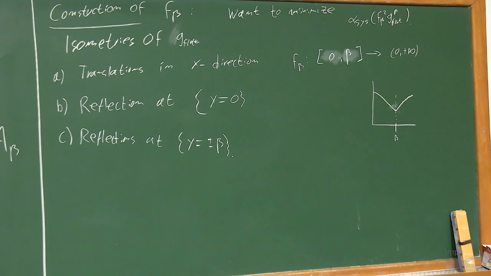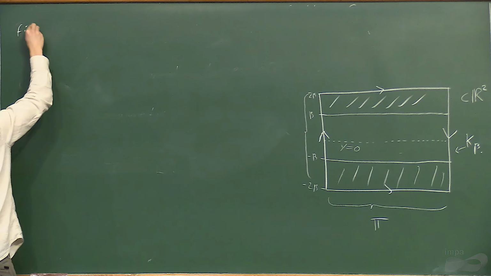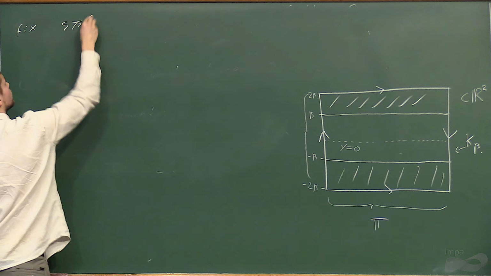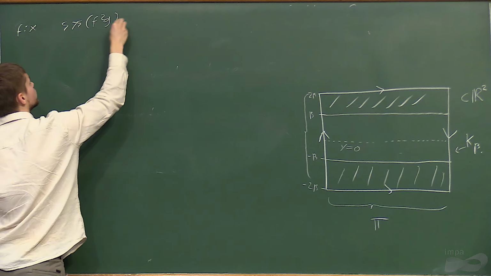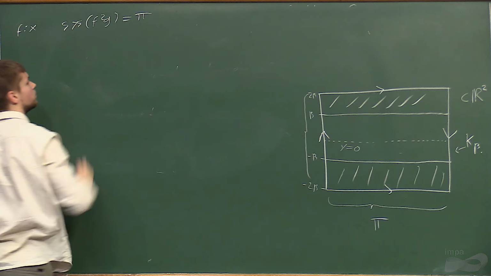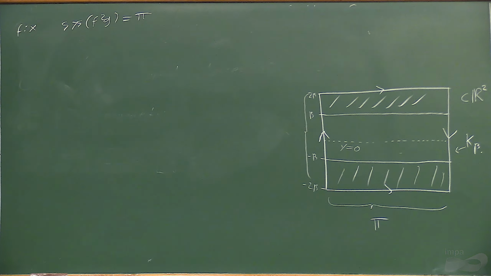We have to look at what it means to minimize the systolic area. So basically what we can do is we can fix the systole of f,g to be equal to pi, and then want to minimize the area under this constraint.